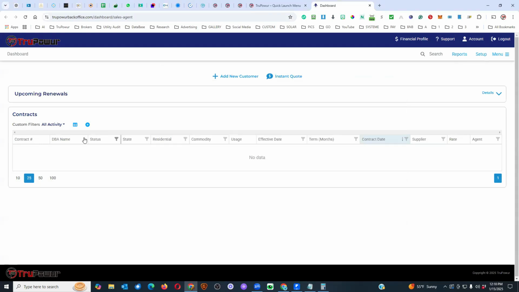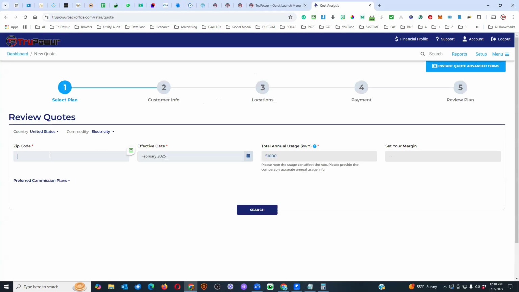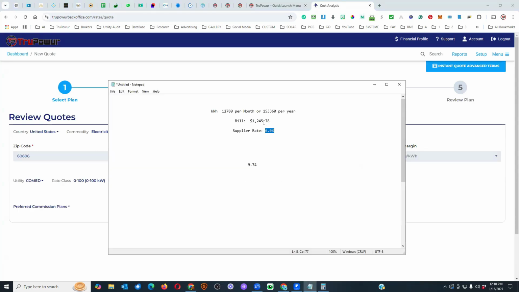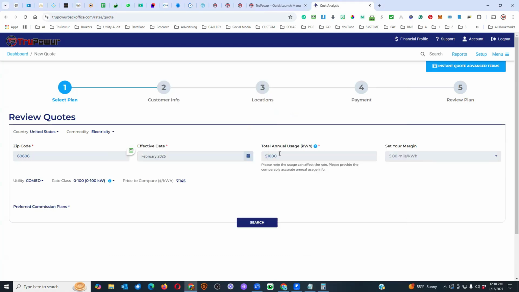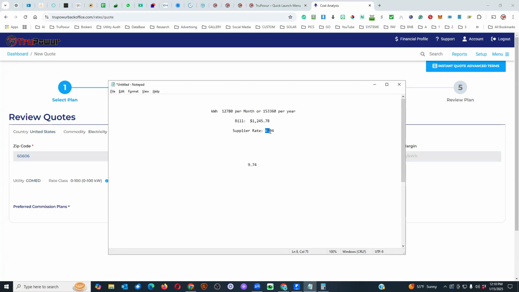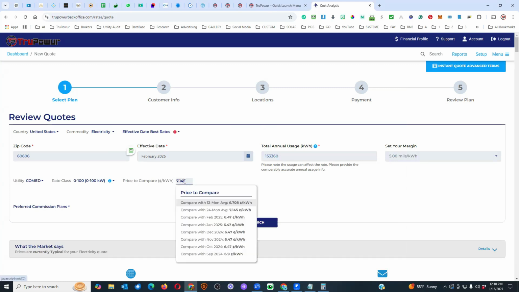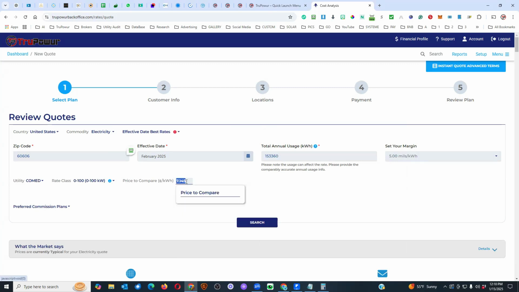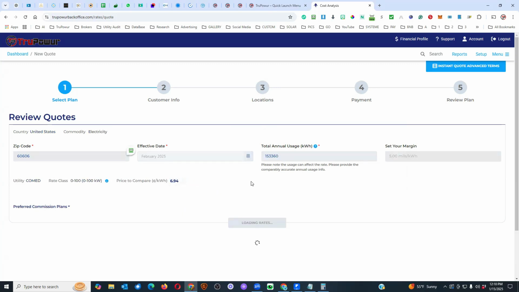And so if we go in here and click on instant quote, put in the zip code, put in the usage, which is, when we look at usage, we always calculate out what the annual usage is. And then here we have 6.94. And so that is going to go in here to where price to compare.